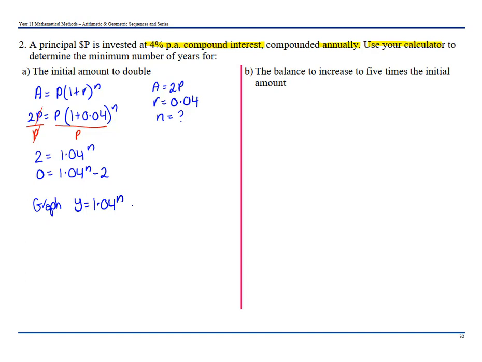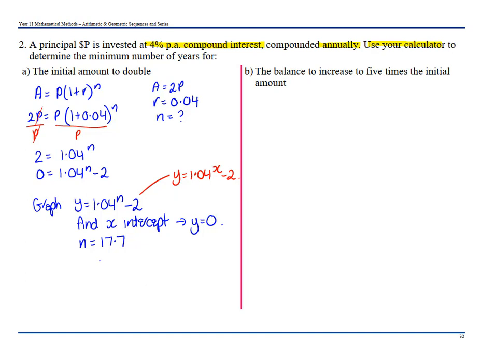Graph y equals 1.04 to the n minus 2 and find the x-intercept, because that's when y equals 0. You'll end up getting n equals 17.7. Oh, and note, of course, when you do graph it, it'll actually be y equals 1.04 to the x minus 2. Okay, so you get n as 17.7.